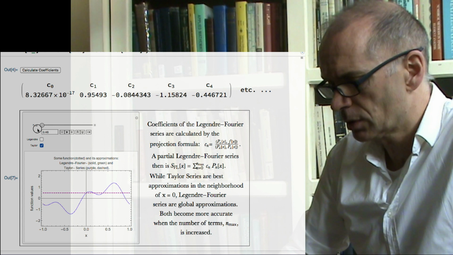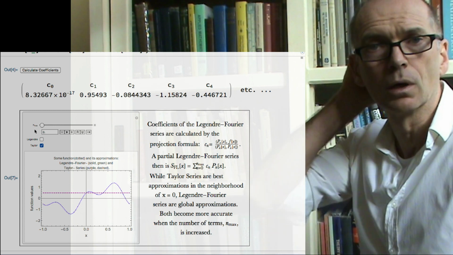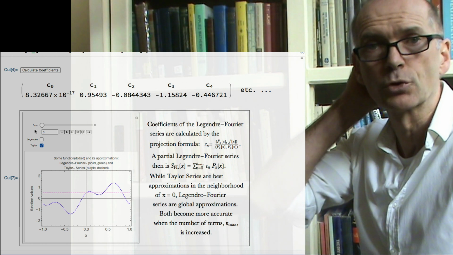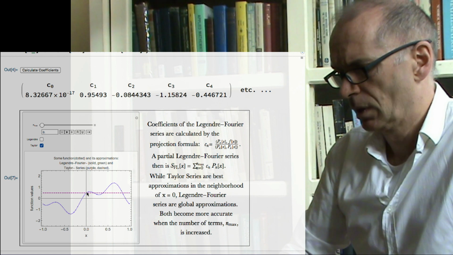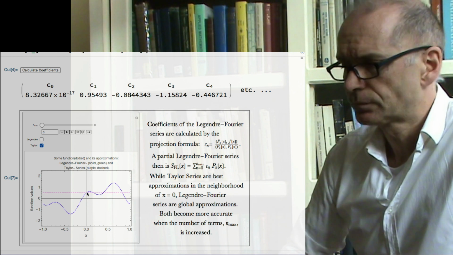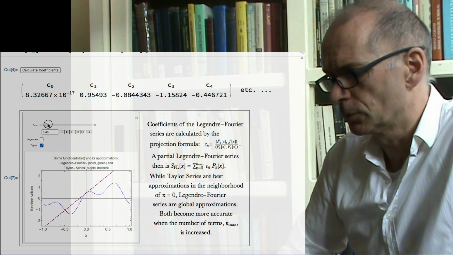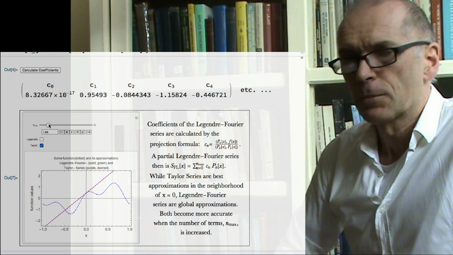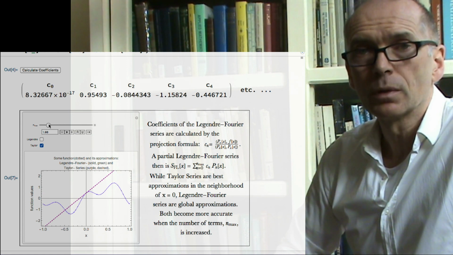So if you start building a Taylor series taking only one term into account, a partial sum, it picks the value of the target function at the origin. If you add one more term, so up to the first power of x, then you get the value and the slope at the origin.